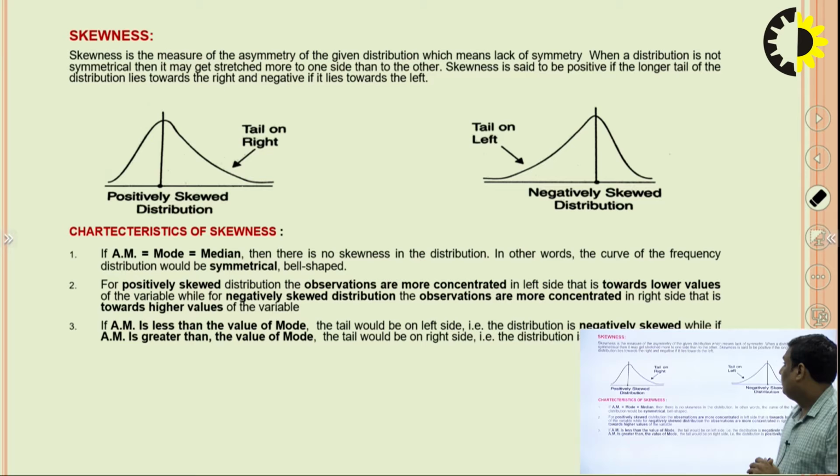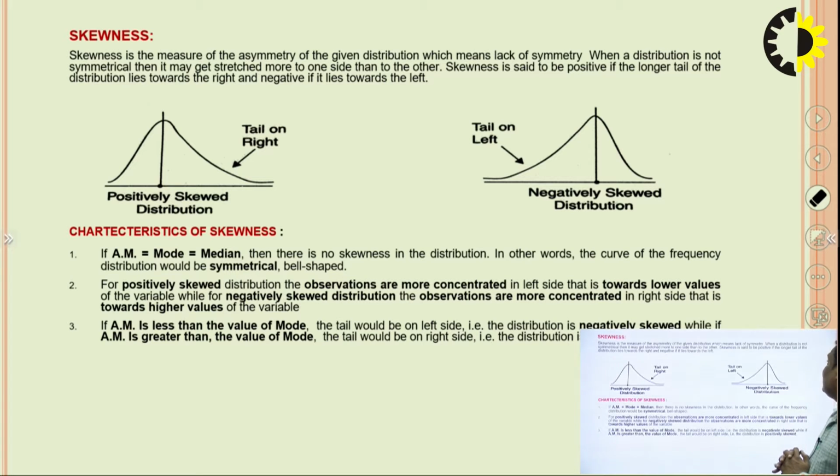When the distribution is not symmetrical, it may get stretched more to one side than the other. If it is not symmetrical, then it will be either on the left or on the right.